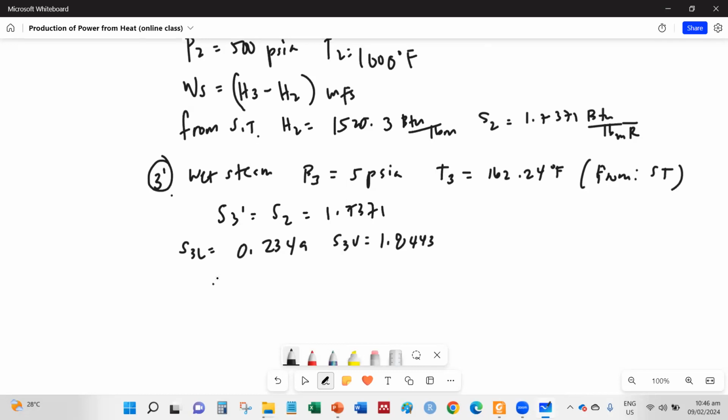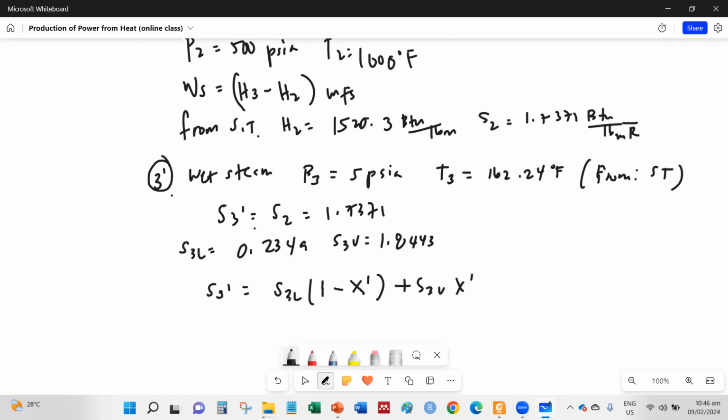So we have S3 prime equal to S3L times 1 minus X prime, so we're dealing with the quality at the isentropic expansion, plus S3V multiplied by X prime.